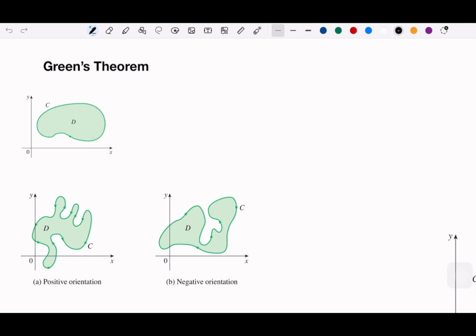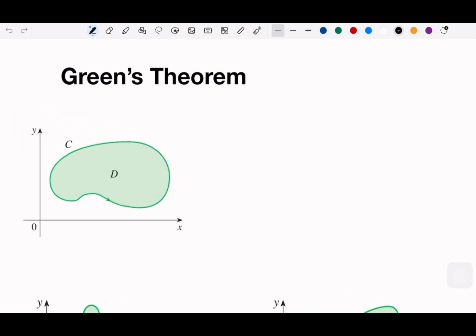Okay, so suppose that we have a simple connected closed curve, and let the region D be bounded by the C. Okay. So we assume that all region or all points within D, they are all inside the curve C.